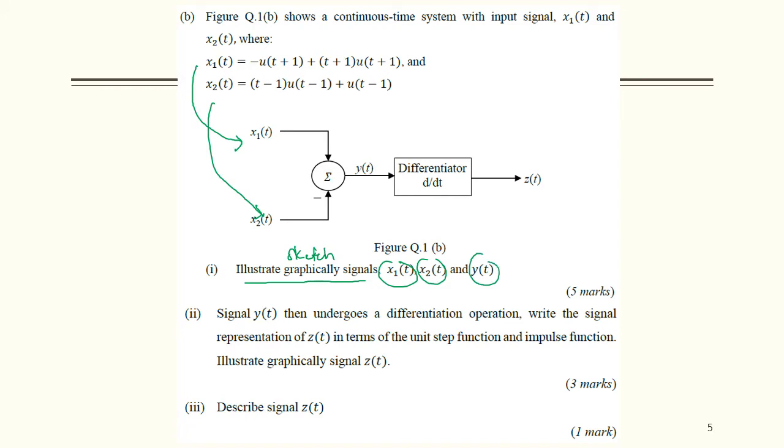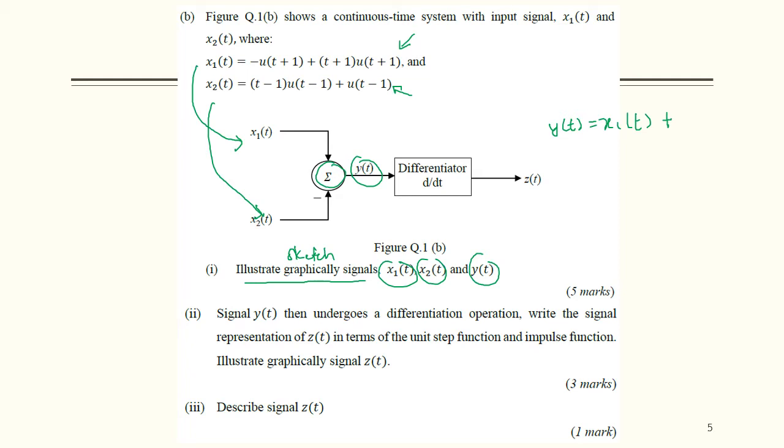So x1 is from here, then x2, and then y(t) after the operation. In this case, obviously, y(t) equals the summation, x1(t) plus, the summation representing plus, but please make sure you check every single sign.